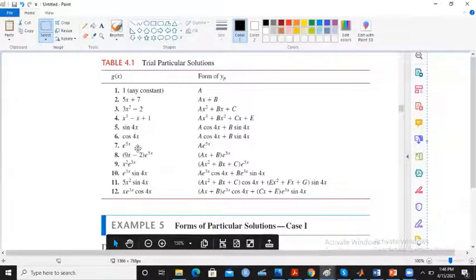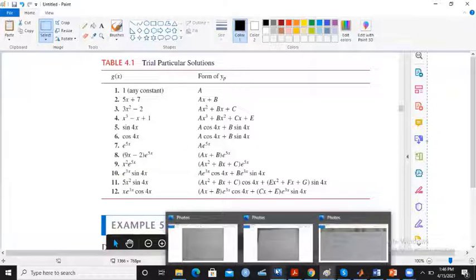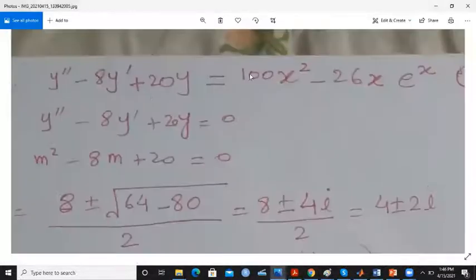If I have a simple polynomial, I will write a trial solution like this. For example, in the given question we have the polynomial 100x squared, so I will go for ax squared plus bx plus c. This is in response to the first term of the right hand side.